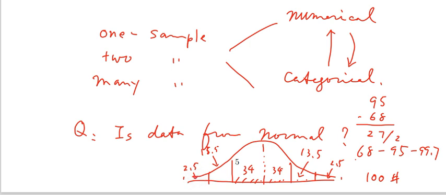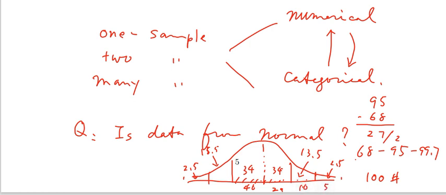So we check your data against this. Suppose in your data, in this interval there are only 20 or 40, then 10 here, 5 here.